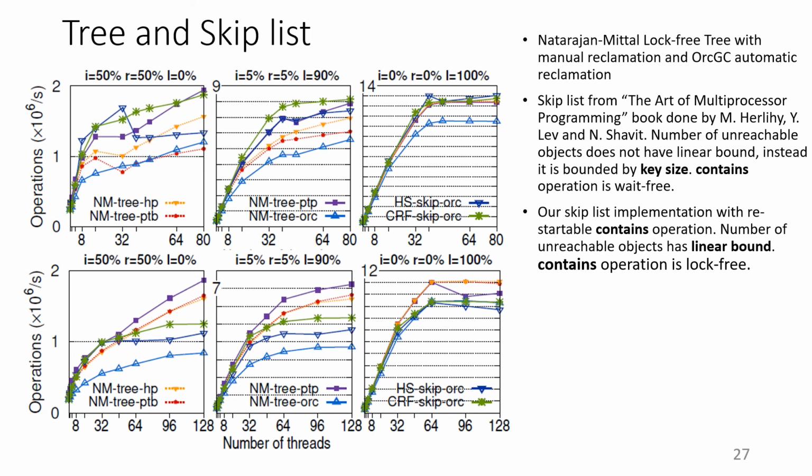This makes this skip list give a linear bound on the number of unreachable objects, and the contains operation is now lock-free. Our skip list with OrcGC shows comparable performance with the Natarajan and Mittal tree. Consistently, the tree annotated with OrcGC is the one that performs worst.